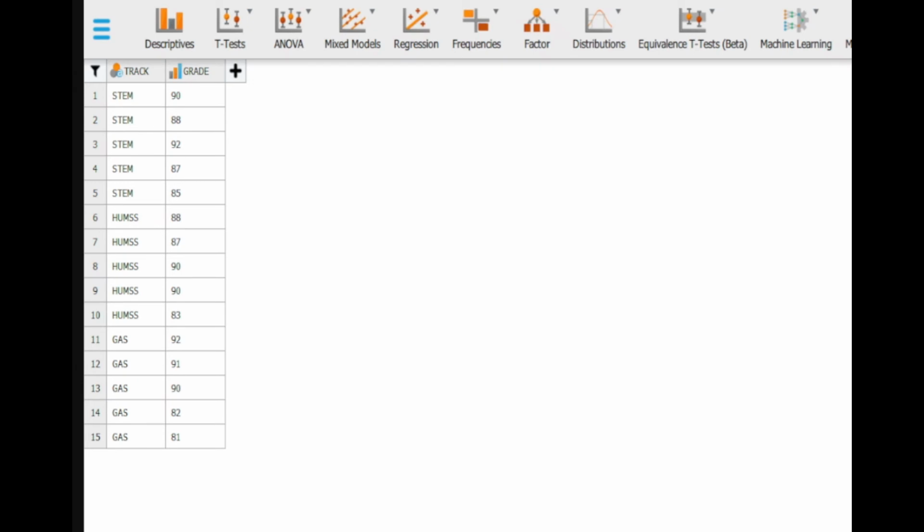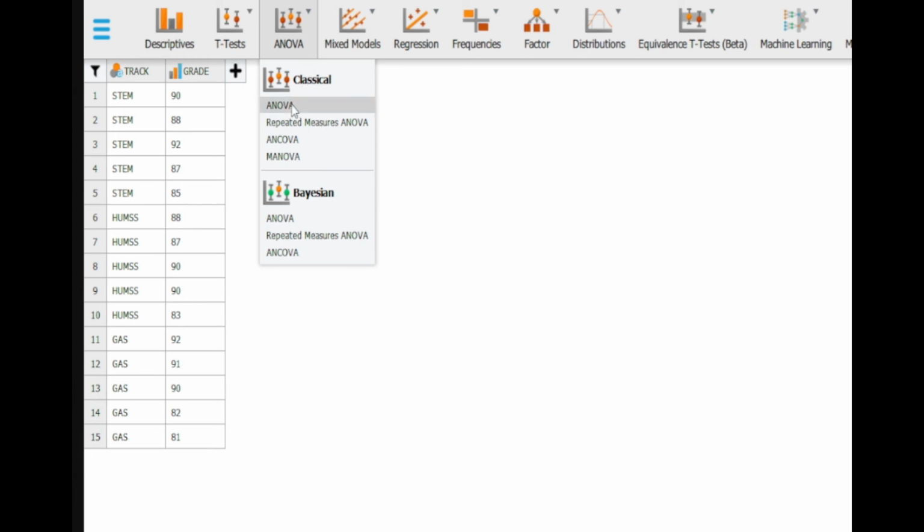So this is now our data in JAS. After we set it in Excel, we run it in JAS. You have here our independent variable, which is the track, and the dependent variable is the grades. So let's test using ANOVA.